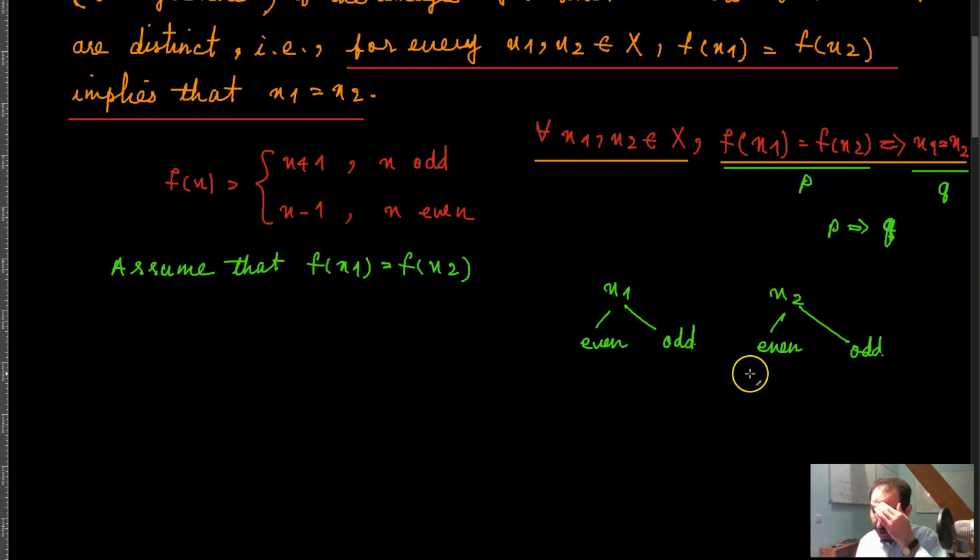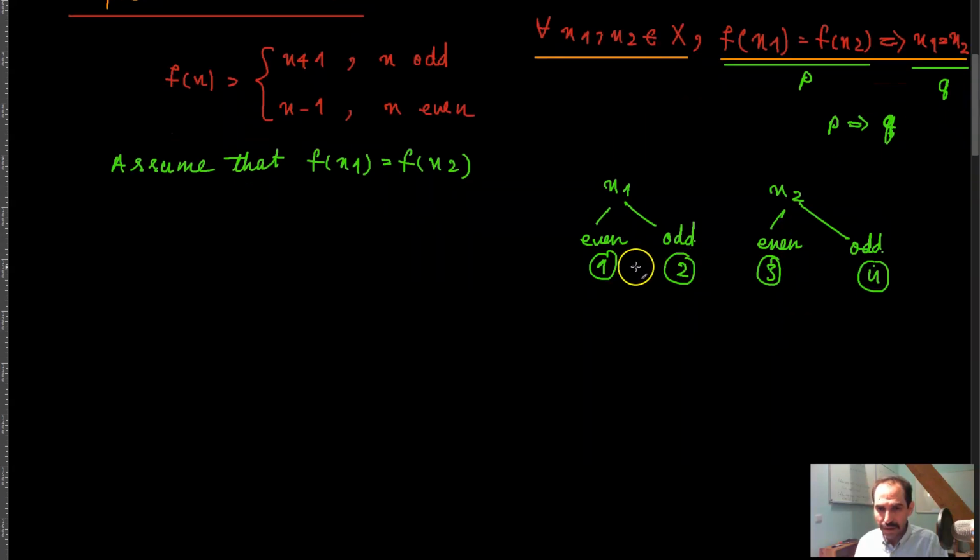So if I enumerate these as, for example, 1, 2, 3, and 4, then I can have these 4 cases. Either x1 is even, which is 1, and x2 is even, which is 3.